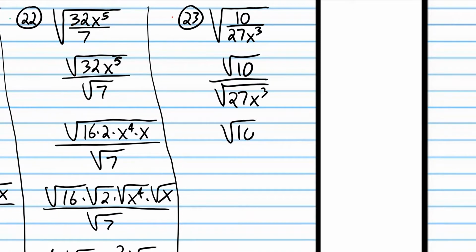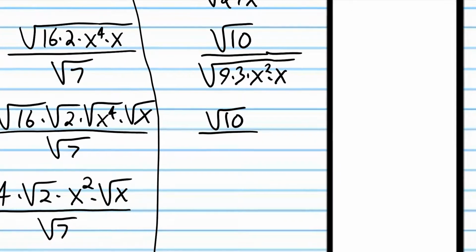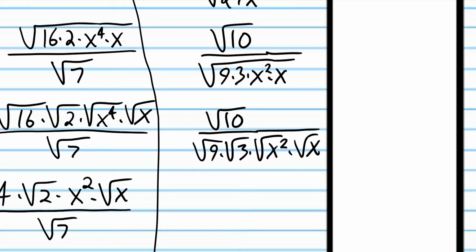So we have root 10 over root 9 times 3 times x squared times x. Again, we're getting rid of the perfect square factors in the denominator, so now we have root 9 times root 3 times root x squared times root x. And just moving that over.